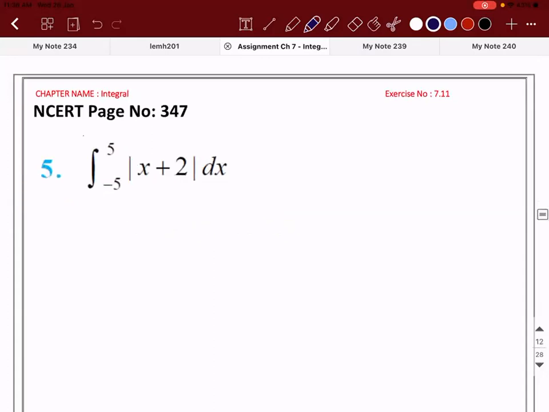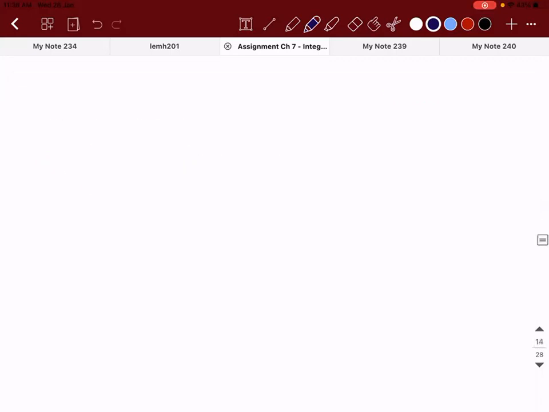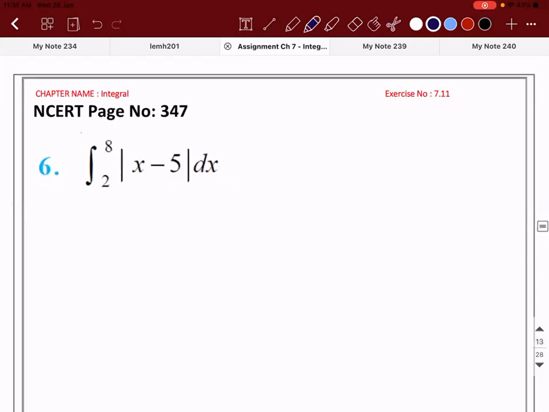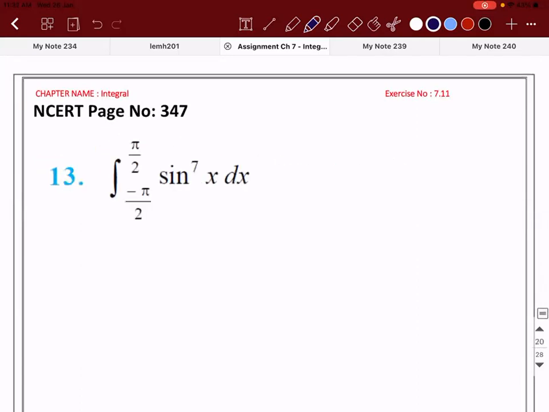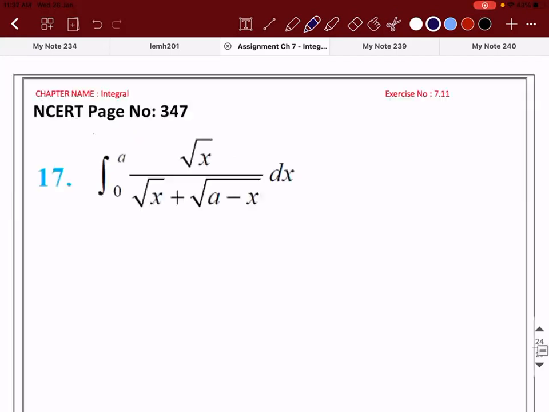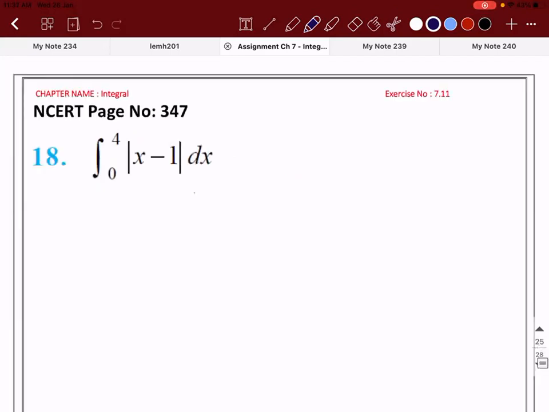Here you can use minus 5 to 5. That depends on the problem. But to answer your question, yes, we can use it.